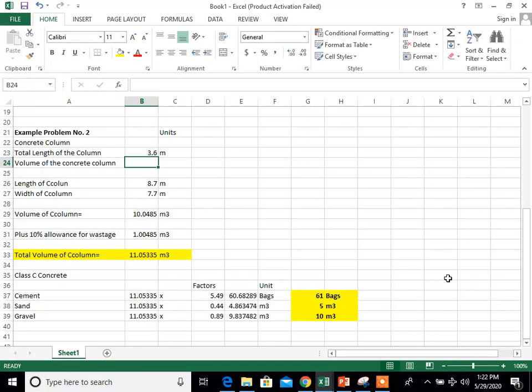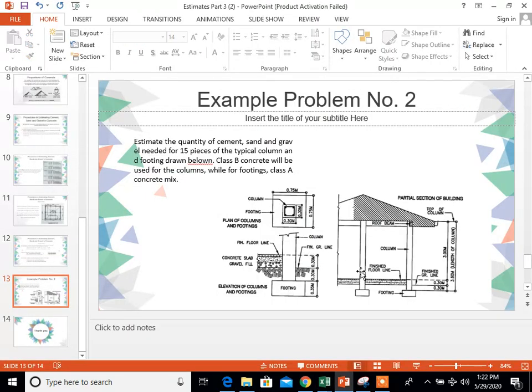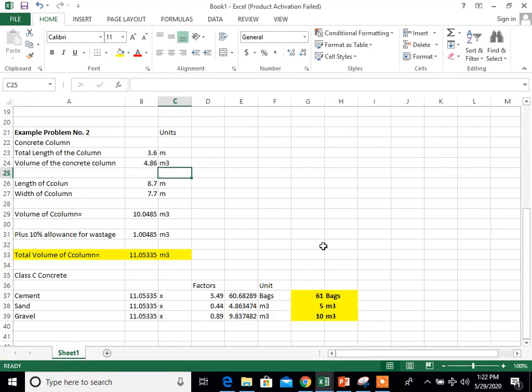So for the volume of the concrete column, area 0.3 times 0.3 times the length, which is 3.6. Here is the volume of the concrete for a single column, times the number of pieces, which is 15. So here's the total volume of the concrete: 4.86 cubic meters.